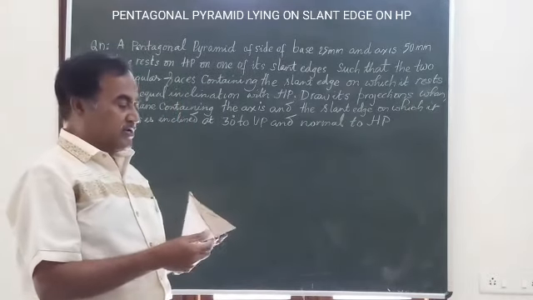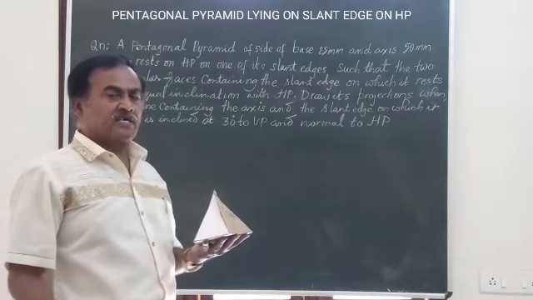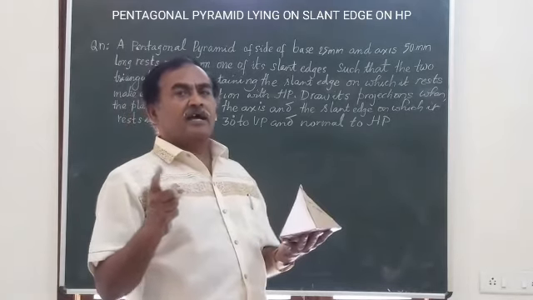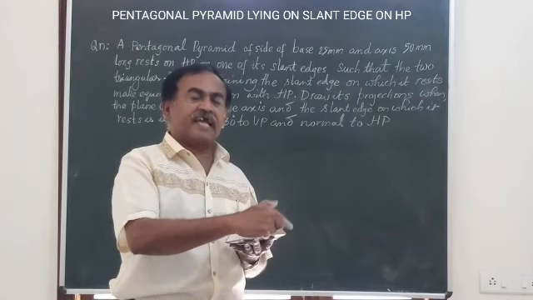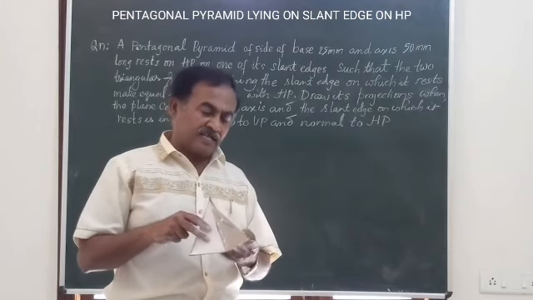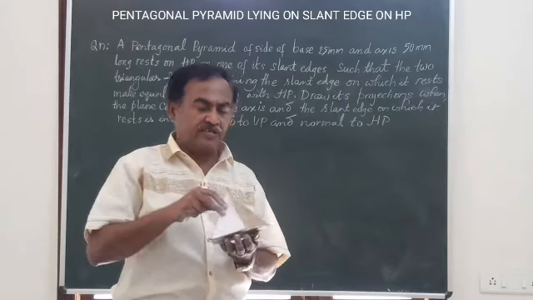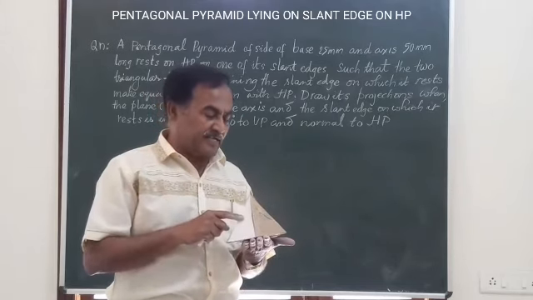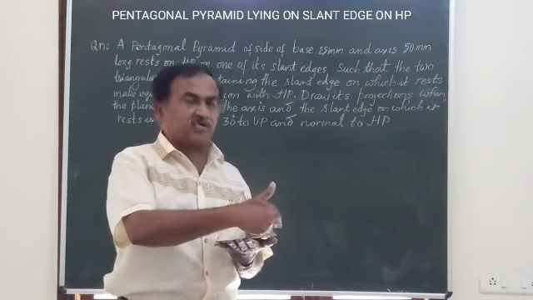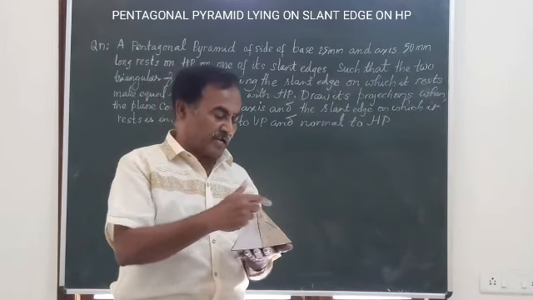As per the rule of the projection of pyramids, whenever any pyramid has to rest on one of the corners or on one of the slant edges such as OA, or the slant edge is inclined to HP, you have to draw the top view of the pyramid such that one of that corner should come to your right side.